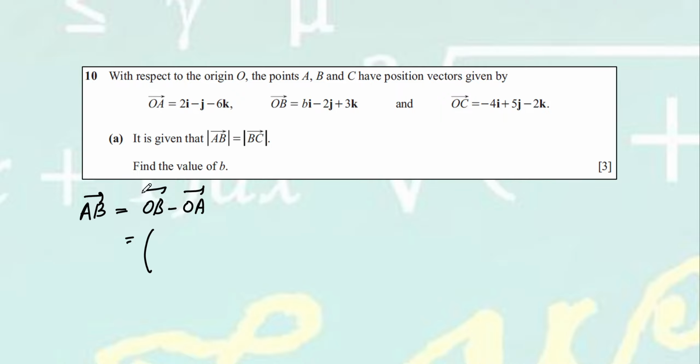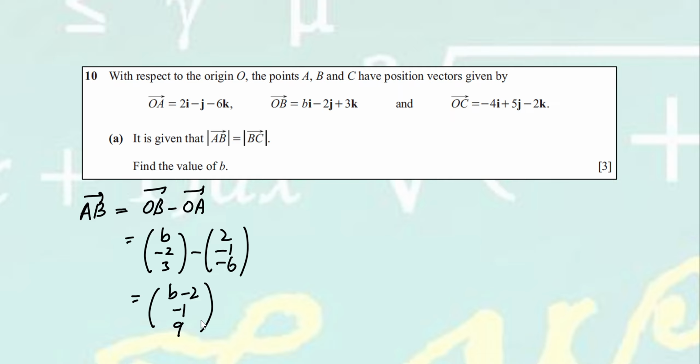So I will express in the vertical form, that is B minus 2, 3, minus the OA is 2 minus 1 minus 6. Then combine together, it will be B minus 2 plus 1, minus 1. 3 minus 6 is 9. And then the BC is OC minus OB.